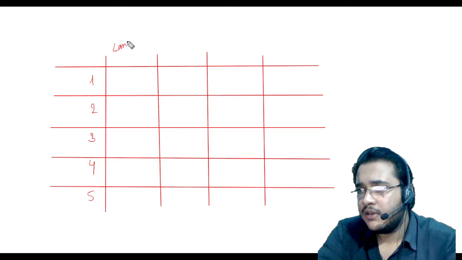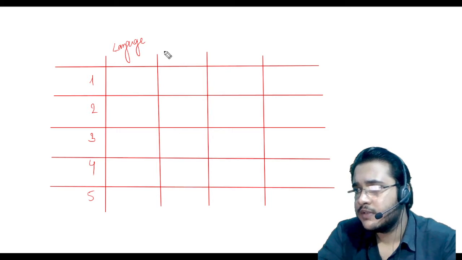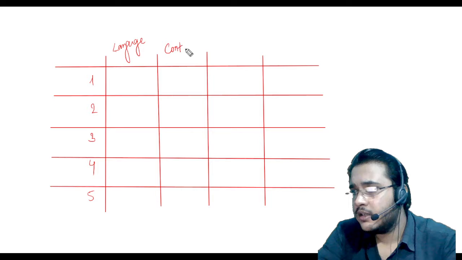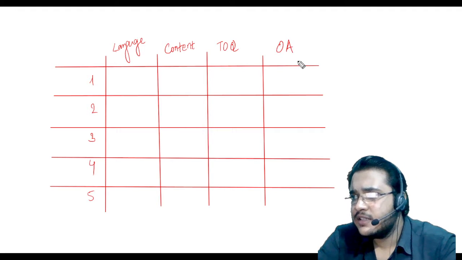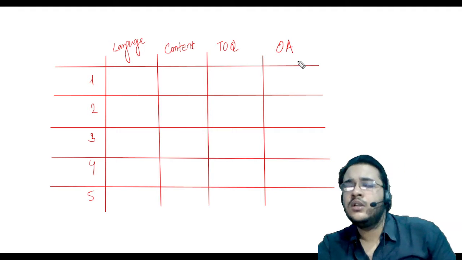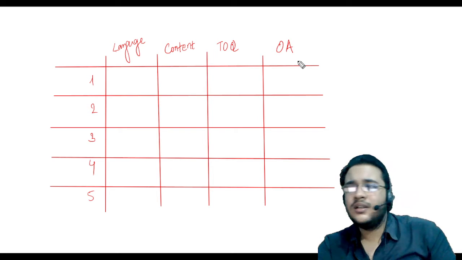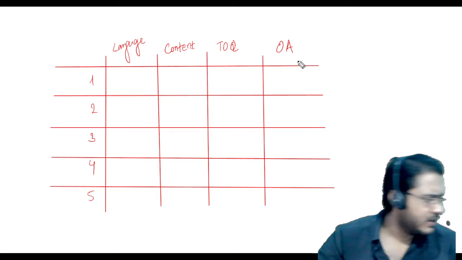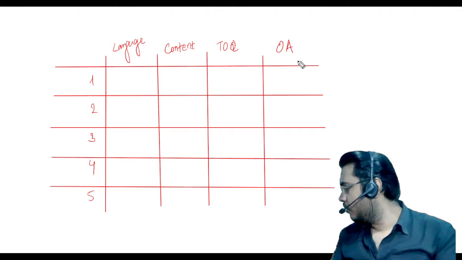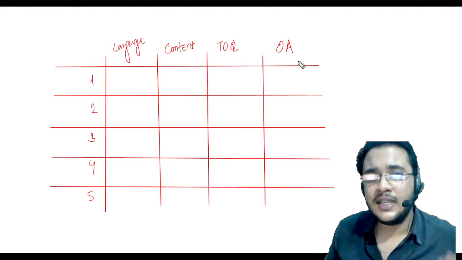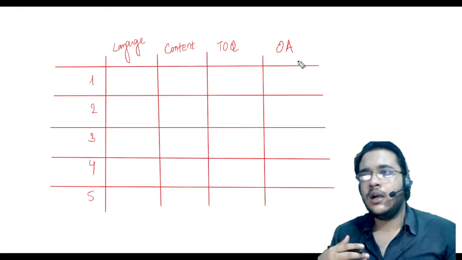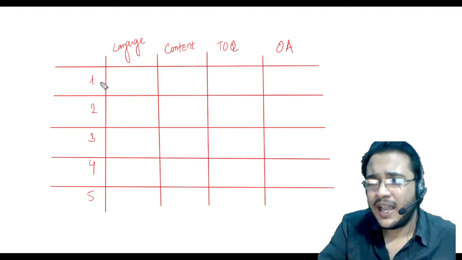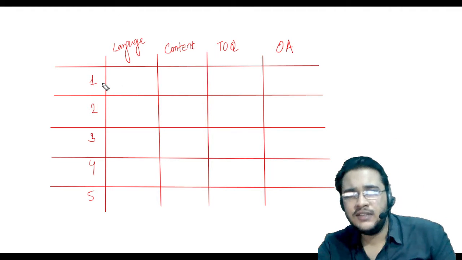This is where I will write language. This is where I will write content, and this is where I will write type of questions. Understand that I'm not putting one more column for topic. Topic is something which you sometimes like, sometimes don't like to read, but in these reading comprehension sessions we don't have the liberty to leave out reading.